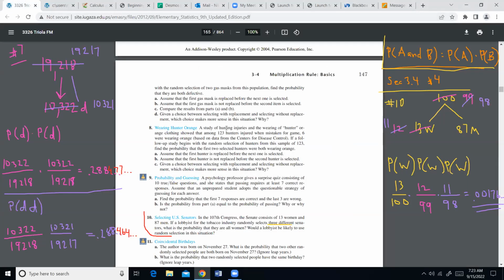So somebody probably purposely selected women, because if it wasn't on purpose, then the chances of it are very, very low. I don't think it would happen if you were selecting them at random, right?